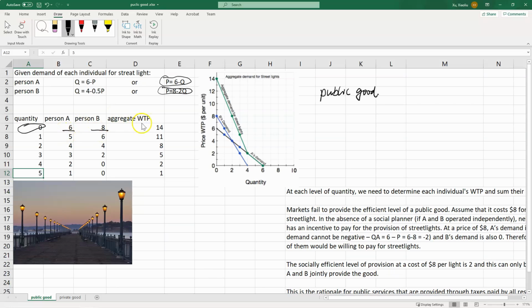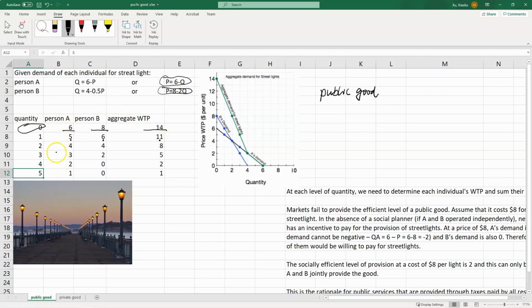The aggregate willingness to pay would be the sum of A and B's willingness to pay, right? Sum of 6 and 8 is 14. And when the quantity is 1, A's willingness to pay is 5, B's willingness to pay for one more unit of street light is 6. And when we sum those two numbers up, we get 11.